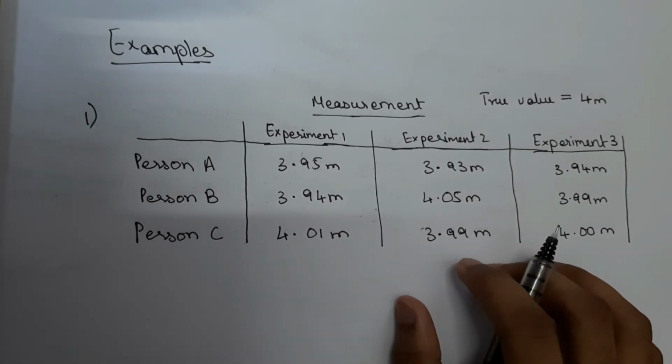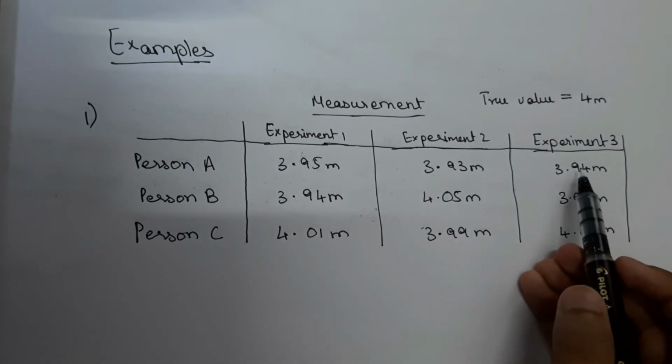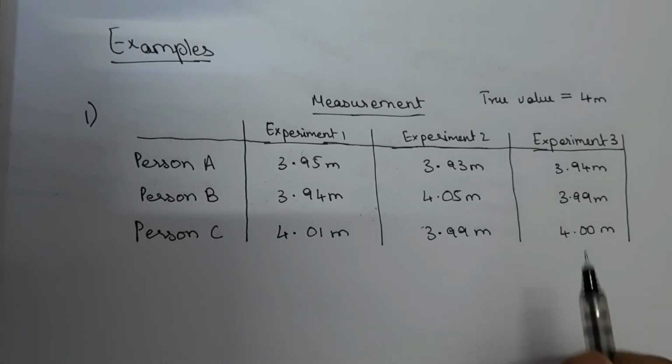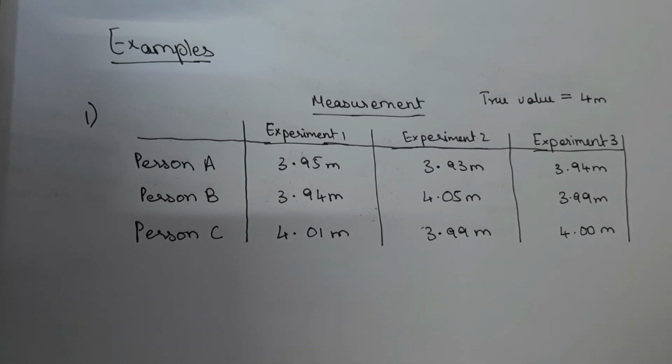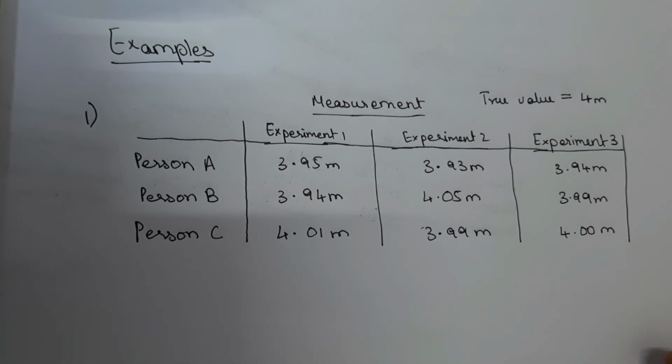We need to find out what precision and accuracy really mean. There are 3 experiments, the measurements that they have taken, and I'll give you 5 seconds to solve the problem. You can copy the problem down, pause the video and solve it. I'll show the answers in 3, 2, 1, now.